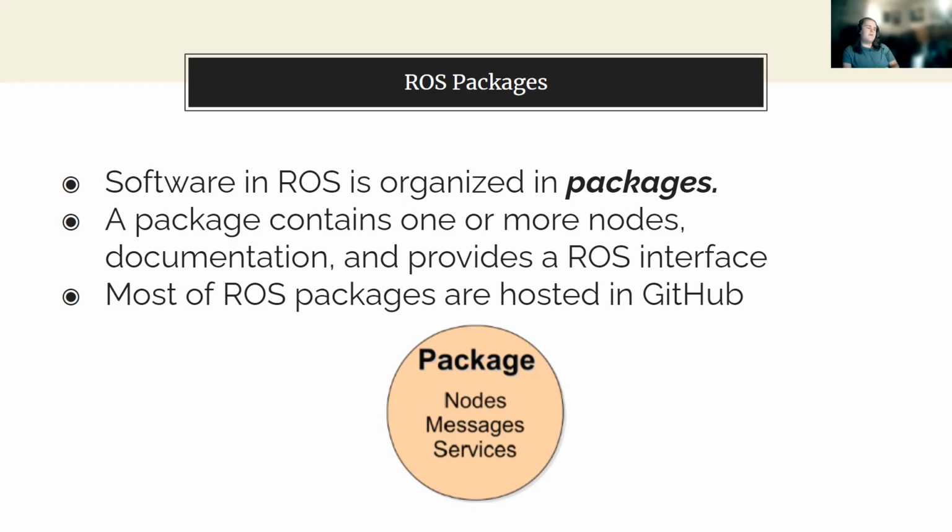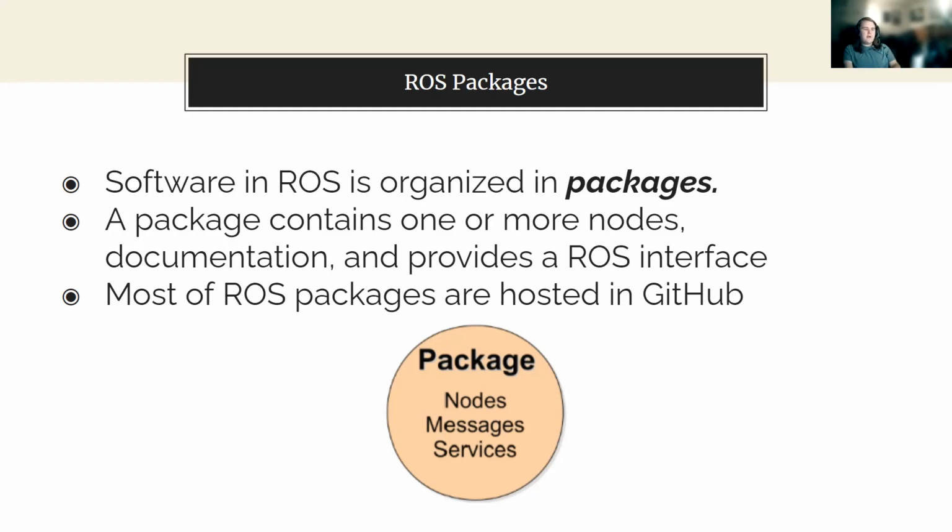So for example, you might have a SLAM node that literally only does SLAM, right? It takes in some amount of sensor data and generates a map of your environment as you move around it. And that's all the node does. You might have a node for path planning, or a node for making your camera work, or a package for controlling your motors, sorry.